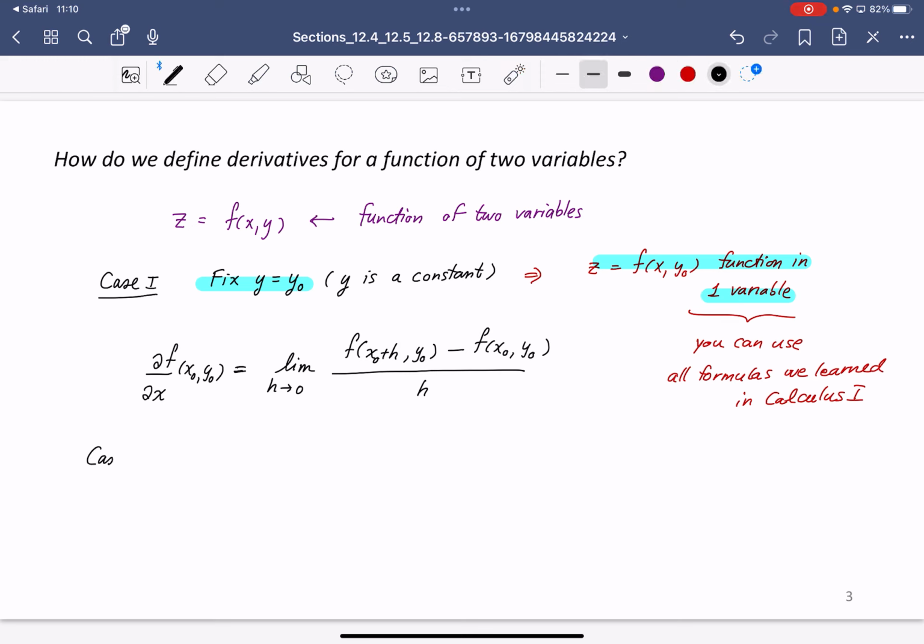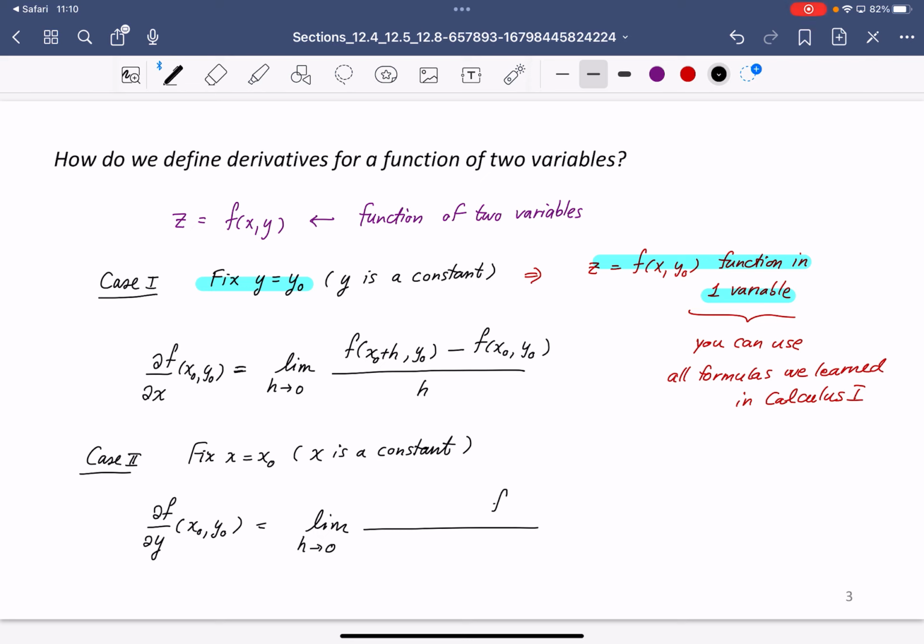For case number 2, you can do the same thing, but this time you fix x equal to x0. So now x is a constant, and you differentiate with respect to y. It's going to be the limit as h goes to 0 as well.